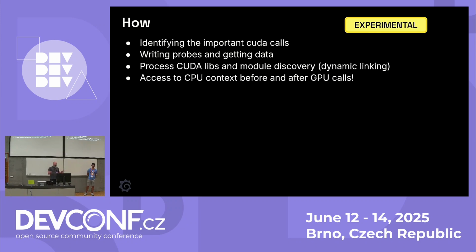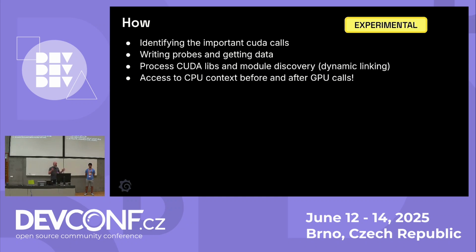So we write some probes. An eBPF probe is like a little function that you write in the kernel, and it's going to be executed when a program calls that kernel function. In this case, it will be a CUDA function. And then we get data, and with this data, we can see what we can do with it.